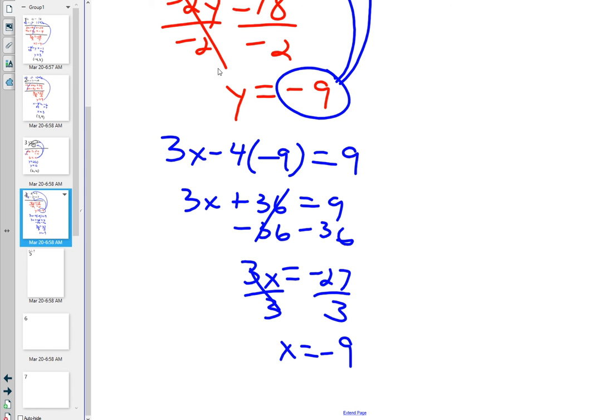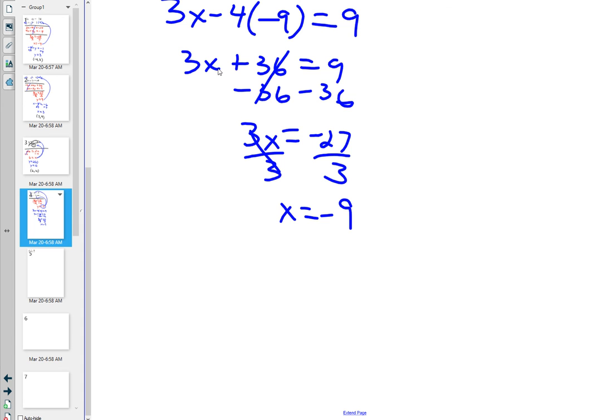Negative 9. So if you were to do the retake because you didn't like your grade the first time around, it's just easy to look in this direction. I can look at 7.